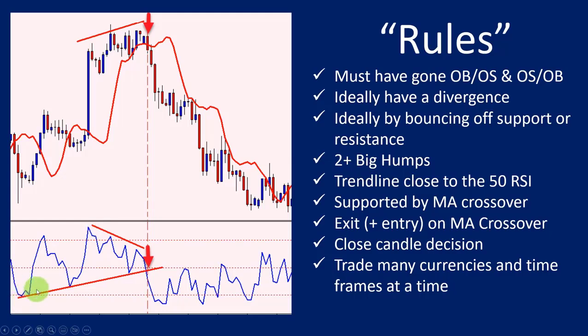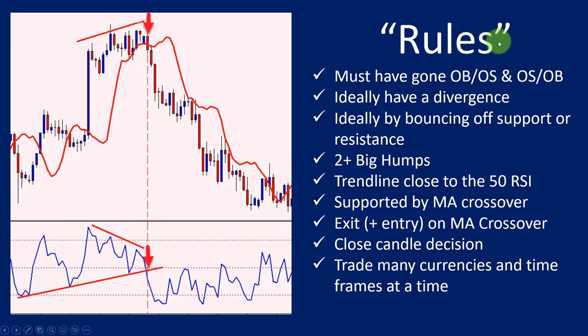If you look at the rest, it never went overbought again. So you take signals when the RSI has gone oversold and overbought recently, or the other way around, overbought and oversold. That is a key component of this trading strategy: it has to have that movement happening.